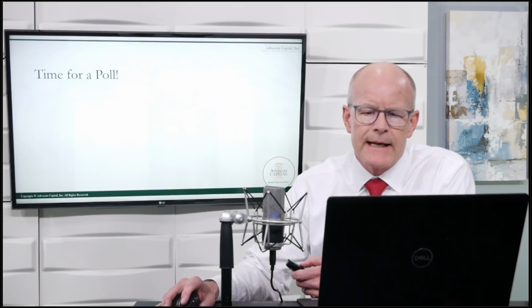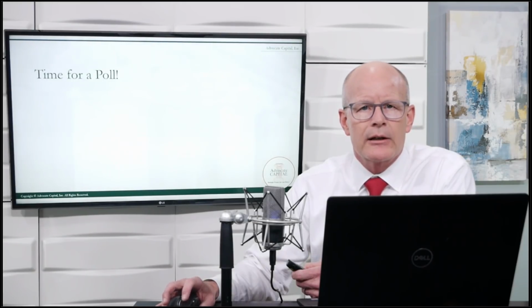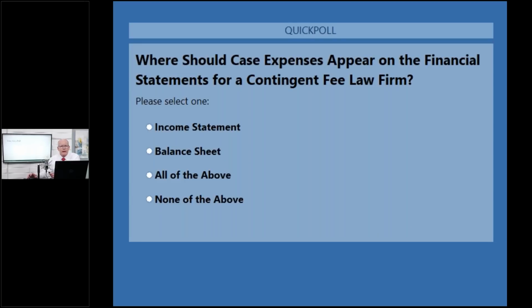But first, we're going to do a poll. We want this to be interactive, so we'll kick off our first poll today. The poll is, where should case expenses appear on a law firm's financial statements? On your screen now, you see the poll. Should it appear on the income statement, on the balance sheet, all of the above, or none of the above? Go ahead and vote. We'll give you a few seconds to do that.